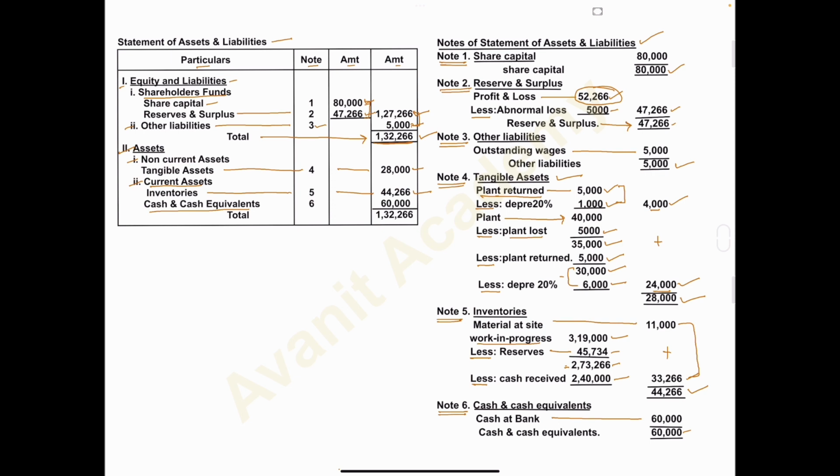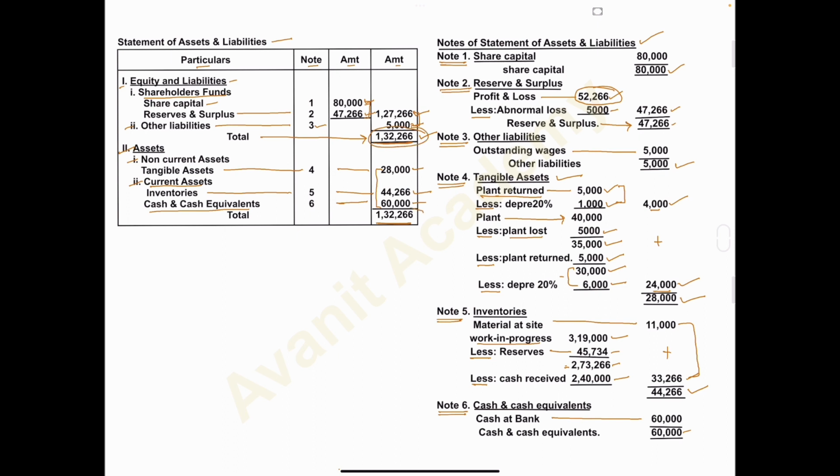So same amount we will write here. Note number 6, 60,000. Now add these three amounts. 28,000 plus 44,266 plus 60,000. You will get 1,32,266.